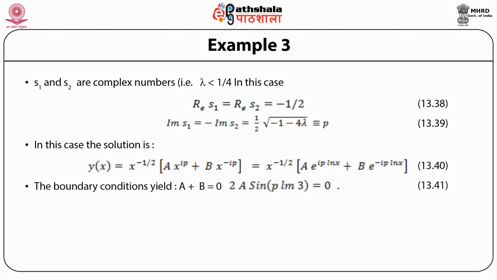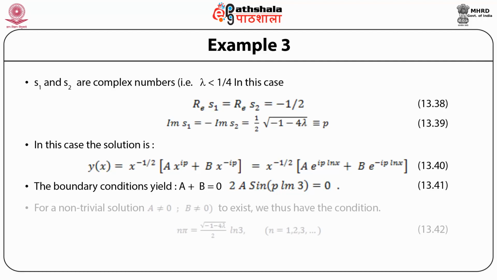When we apply the boundary condition at x is equal to 1, we have a plus b is equal to 0. When we apply the boundary condition at x is equal to 3, we get 2a sine 3p is equal to 0. For a non-trivial solution to exist, meaning a not equal to 0, b not equal to 0, we must have that sine of 3p is equal to 0, which means that n pi must be equal to 3p.